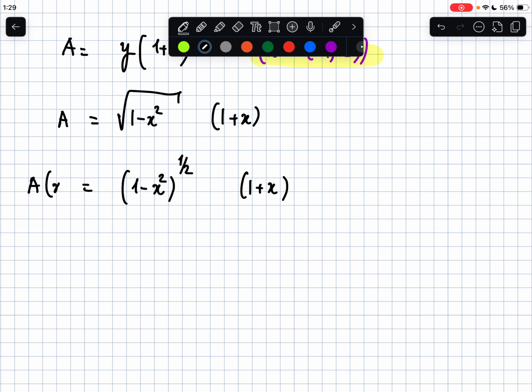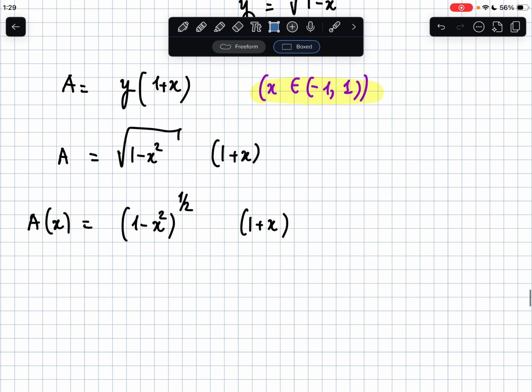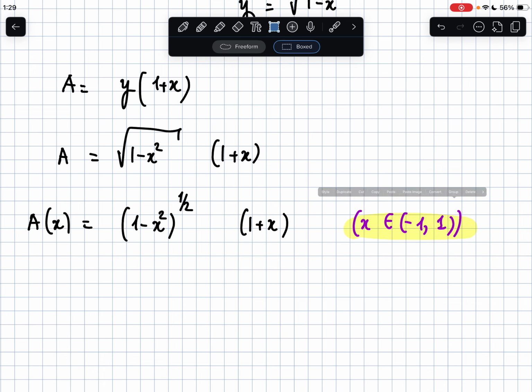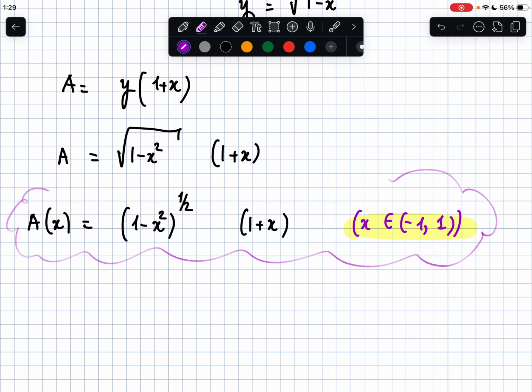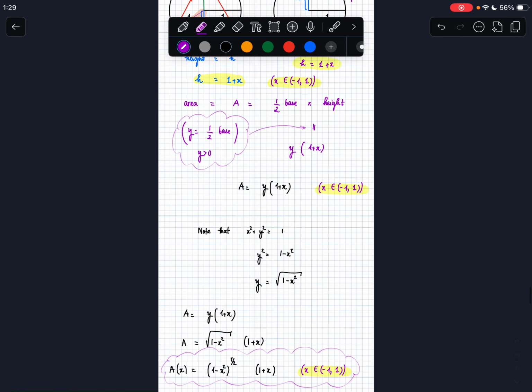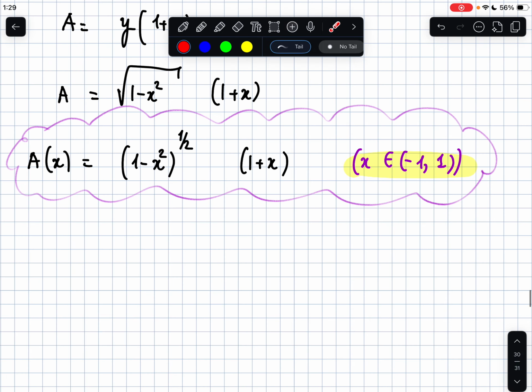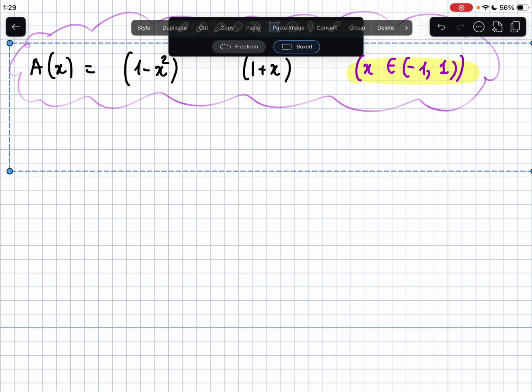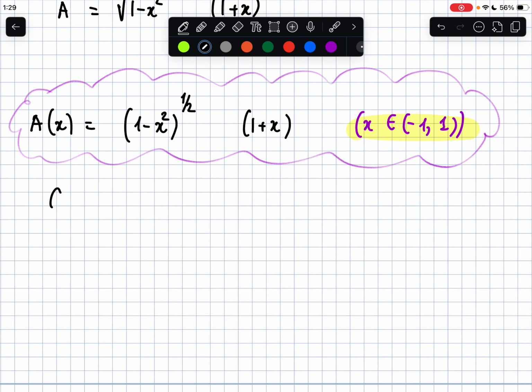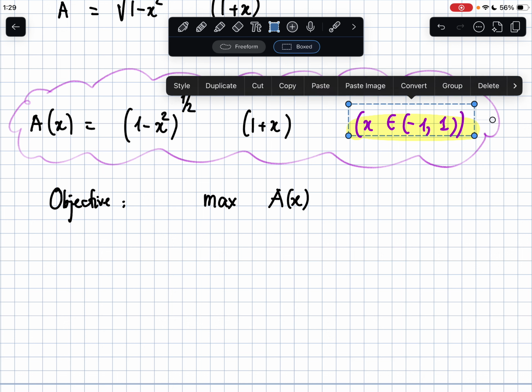A of x is a function in x between minus 1 and 1. This is the area formula. And in this question, we try to get the largest area. So we try to maximize this area. Objective: maximize A(x), x between minus 1 and 1.